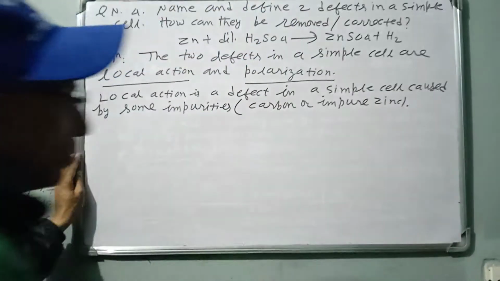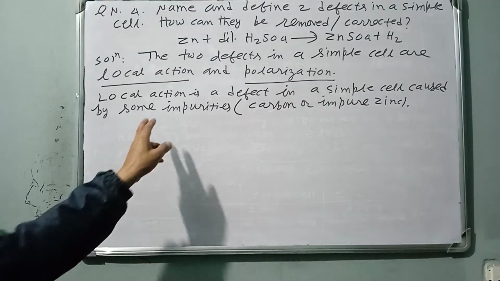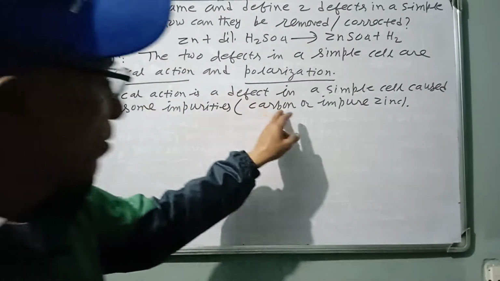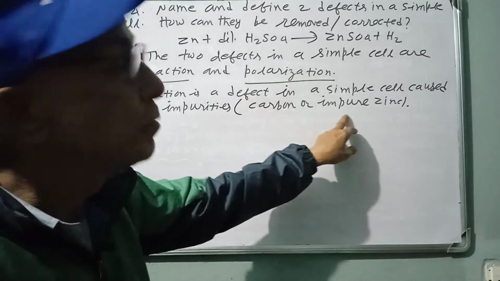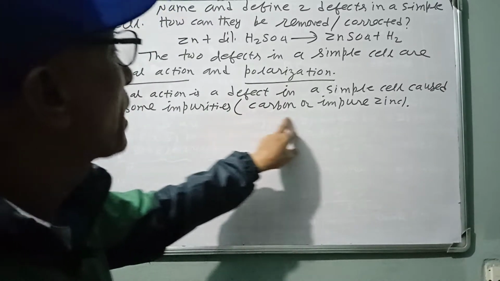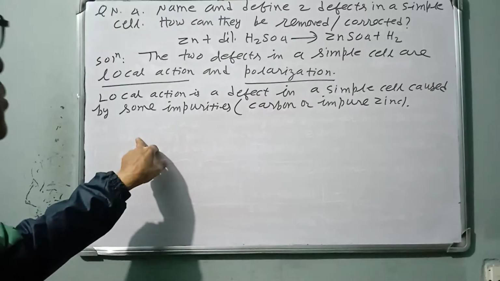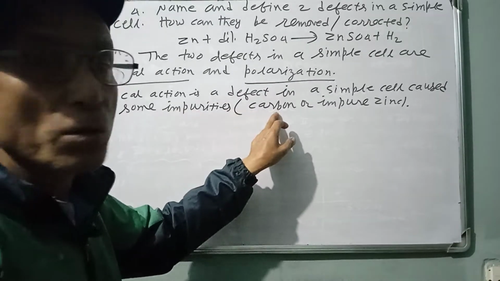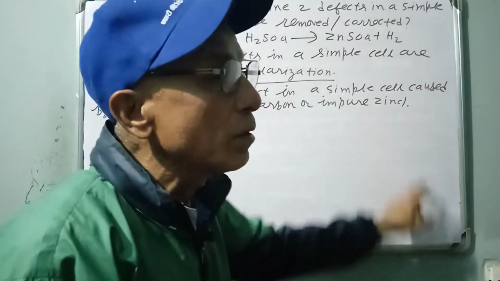The manufacturer of the simple cell sometimes uses impurities so that there are defects. The defect is caused due to the presence of carbon or impure zinc.